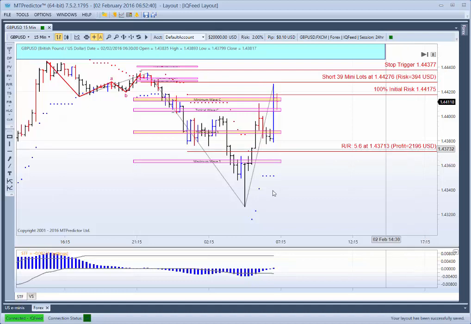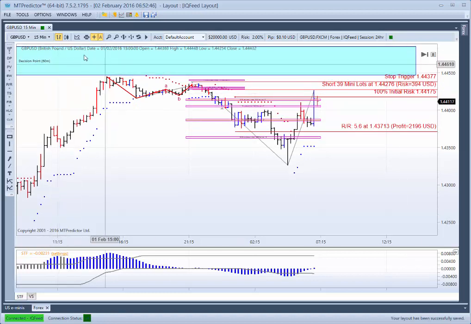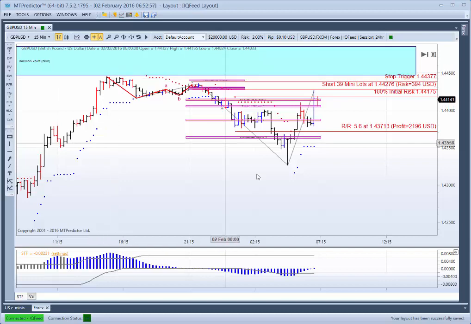But the point being is, do you see how we first and foremost gauged our DPs on our higher time frame chart? That then gave us what the large trend direction was. This one was just a couple of pips short, but that's absolutely fine. That was close enough.